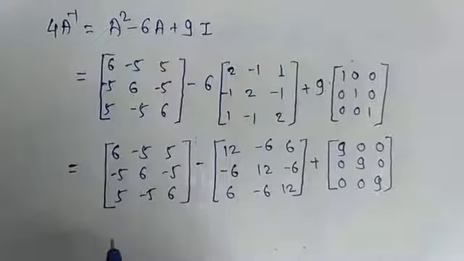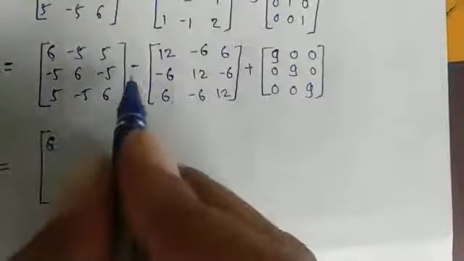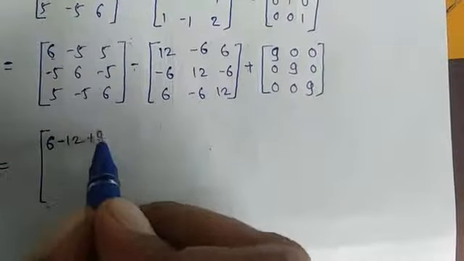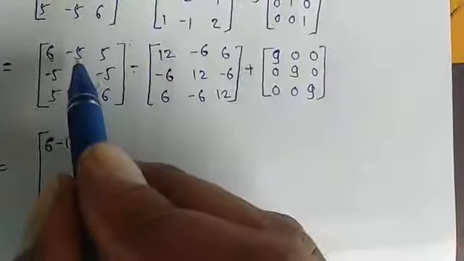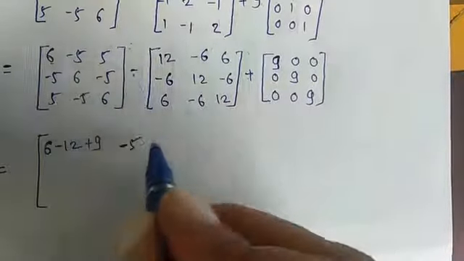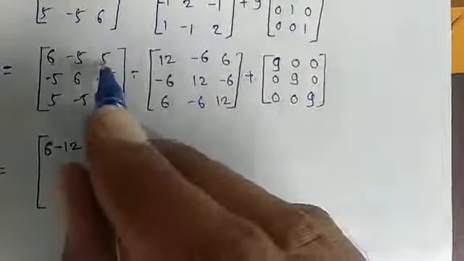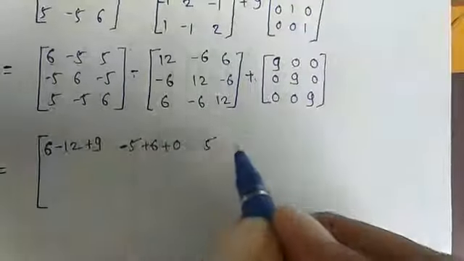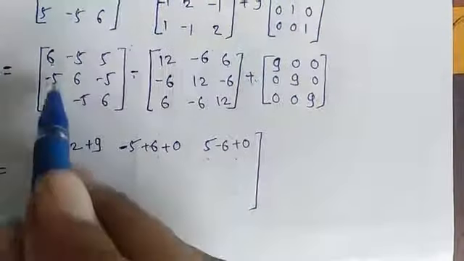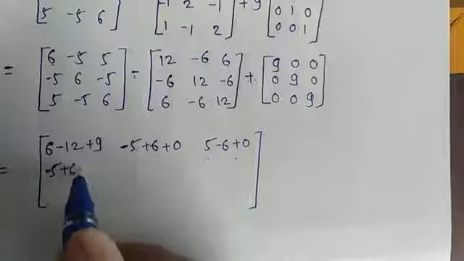So our calculation is: first term 6, here it is minus, here it is 12 plus 9. That is the first calculation. Second term, minus 5 minus minus plus 6 plus 0. Next, third position 5 minus 6 plus 0. Second row, minus 5 minus minus plus 6, last 0.